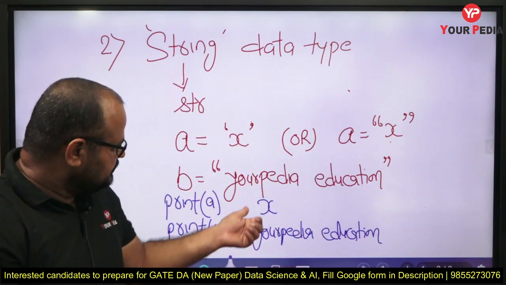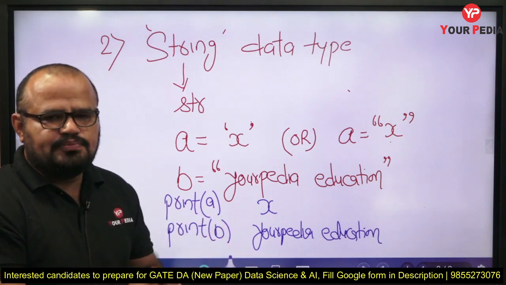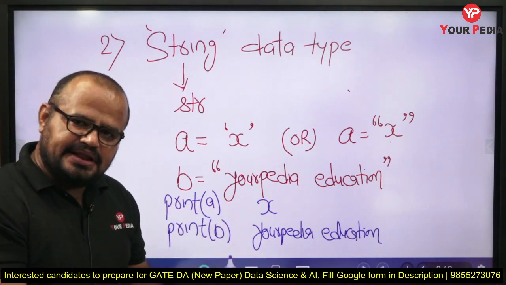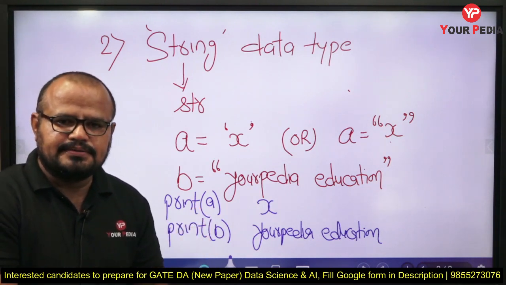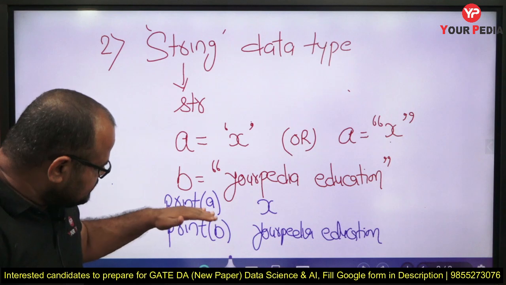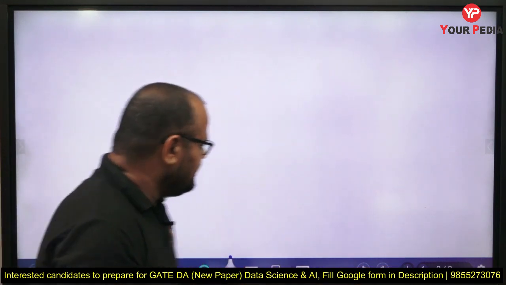Fine my dear students. So with the help of the print function, we display the output of that particular variable, or the value of that particular variable. Now if you want to check the type, how can you write it?